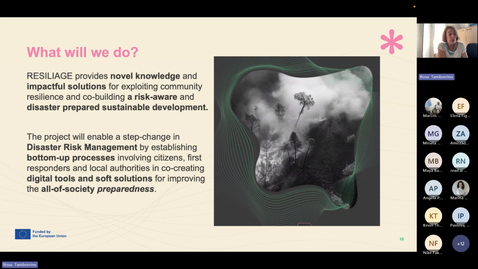So we would like to increase the preparedness of all of society, as well as mitigate the effects of this kind of events, by considering how we can foster enhanced empowerment by using bottom-up processes.